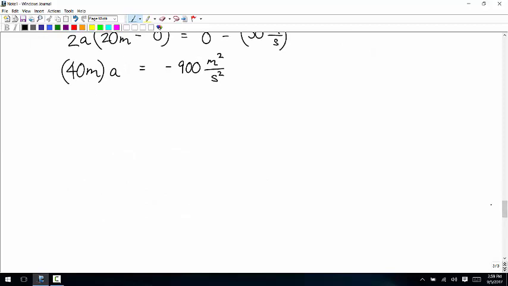And now to do that last division, we want to divide both sides by 40 meters. I'm going to set it up in that same format that I did unit conversions. So A is equal to negative 900 meters times meters over seconds times seconds. And then dividing by 40 meters is multiplying by the reciprocal, so I'll put 40 meters in the denominator.